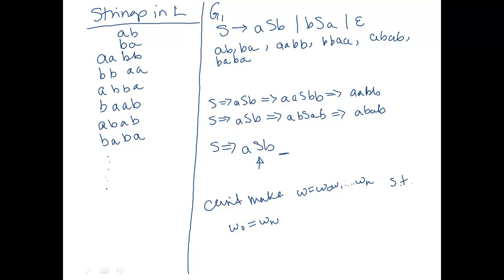We can't have a string where the first symbol and the last symbol are the same symbol. So this won't generate all the strings in L. This grammar doesn't work.